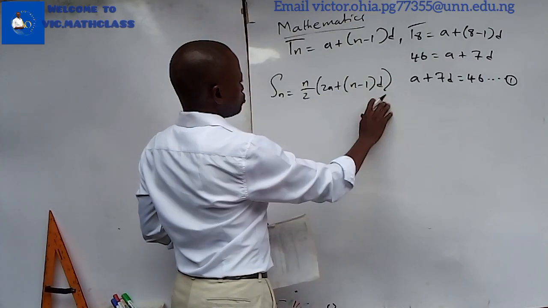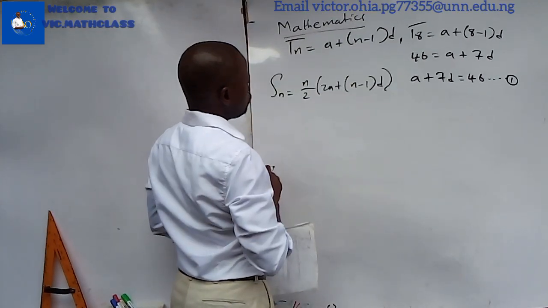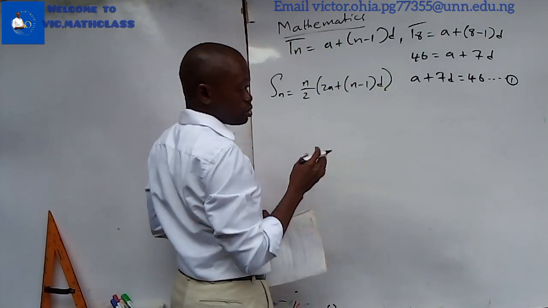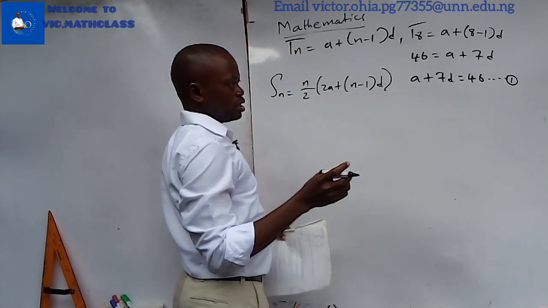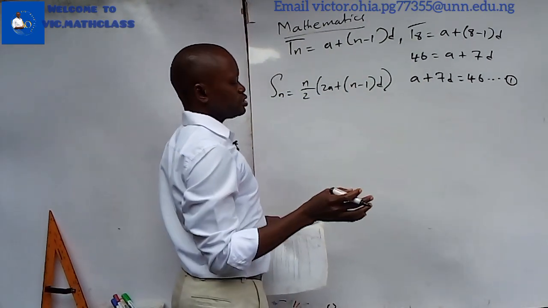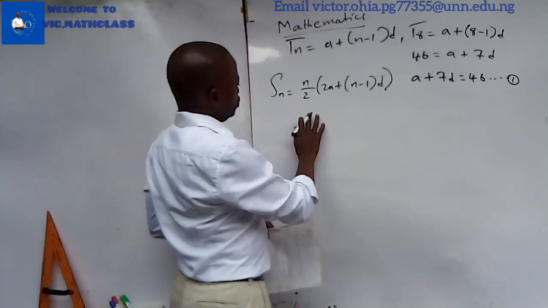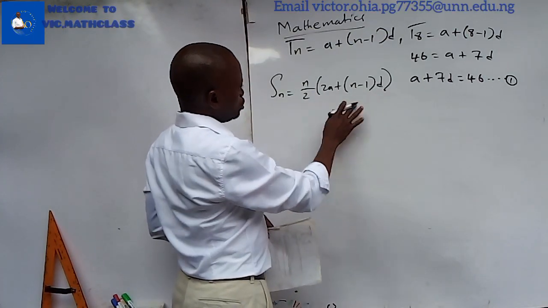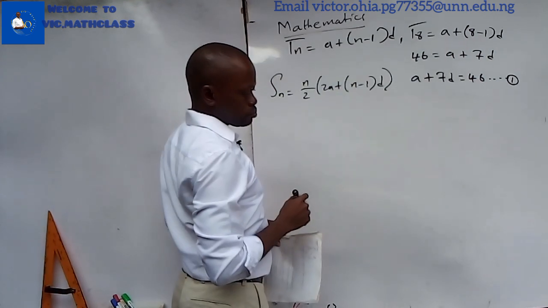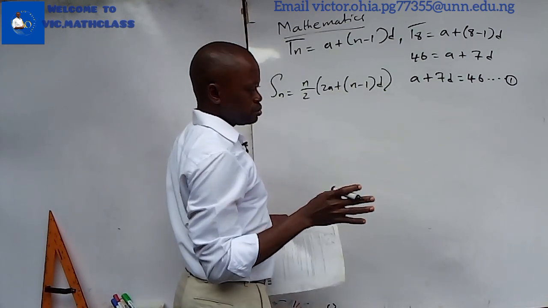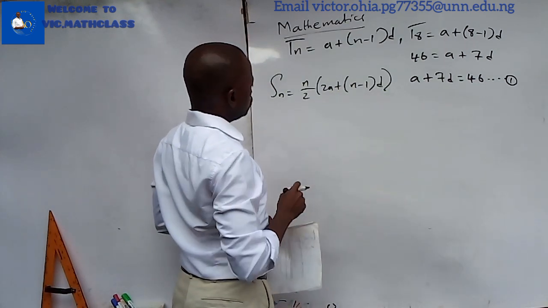This gives the sum of n terms of an arithmetic progression. There's the other one, in a situation whereby the first term and the last term are given, you can use the other expression, which is n into L plus a over 2.